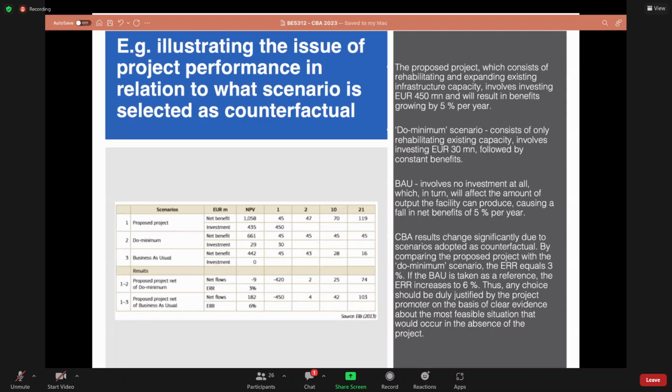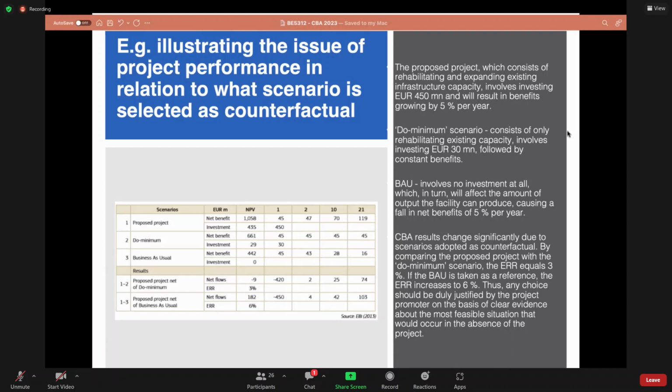So this is an example, again from a CBA exercise. Say here the proposed project consists of rehabilitating and expanding the existing infrastructure capacity, which involves a 450 million euro investment.